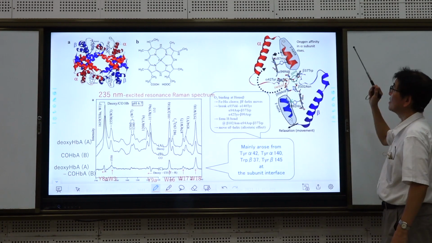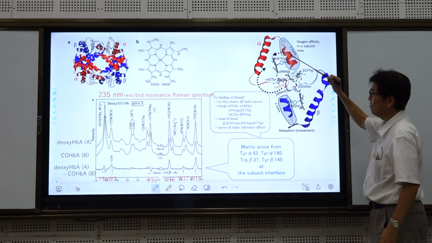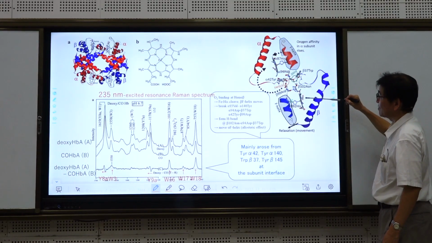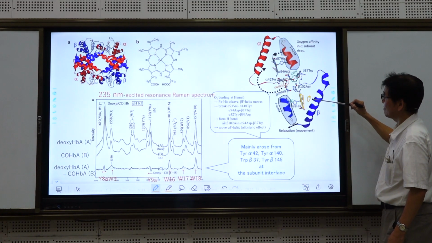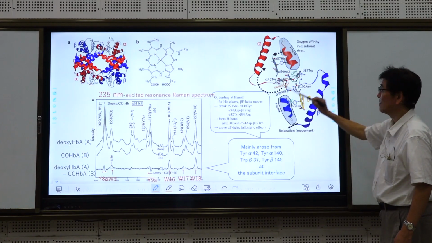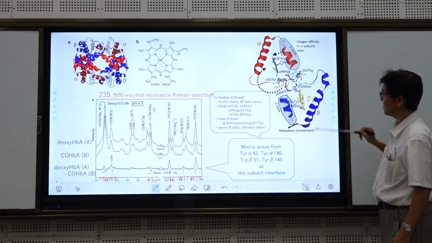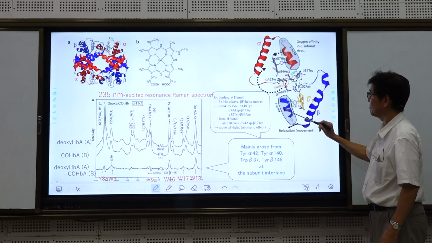Then, according to their explanation, O2 binding onto heme beta, oxygen comes, then the Fe histidine bond leaves, and the beta F helix moves.